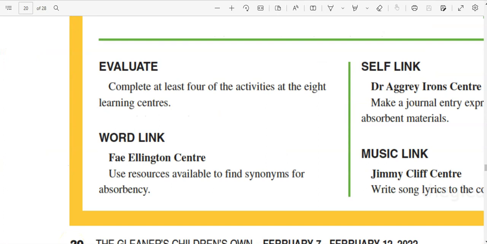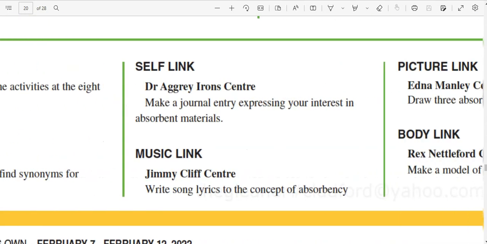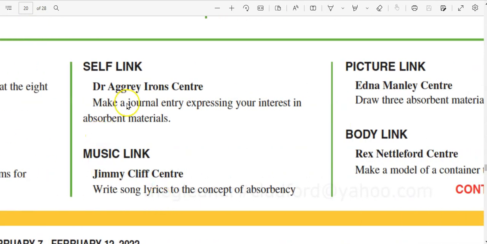Let's evaluate. Complete at least 4 of the activities at the 8 learning centers. WordLink at the Faye Ellington Center. Use resources available to find synonyms for absorbency. Self-link at the Dr. Agri-Irons Center.